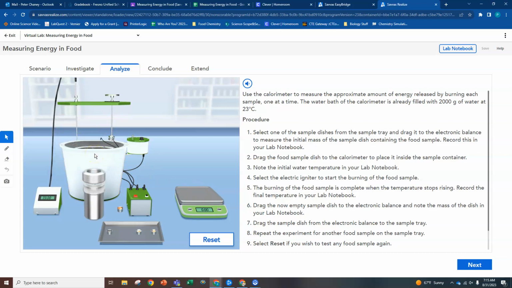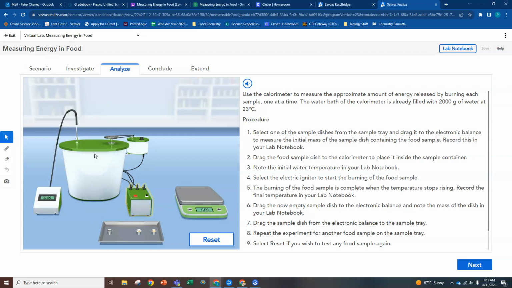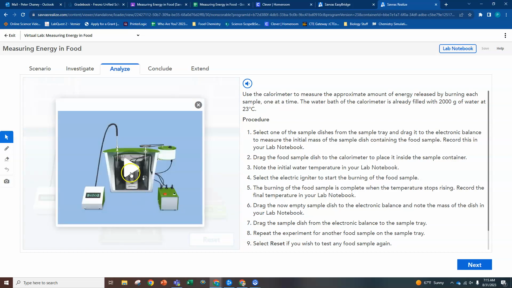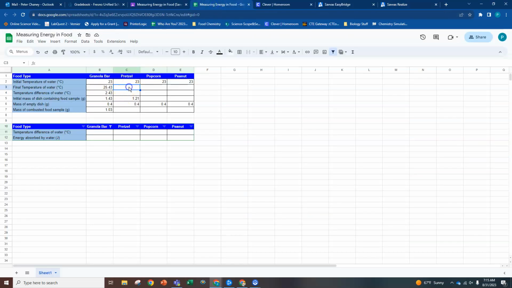Pretzels are going into the calorimeter to be burned and for their chemical energy to be transferred to the water and raise the temperature. So we turn it on, simulate, and the water temperature went to 24.48. We're going to put that in our chart, 24.48. Again, we need to calculate.